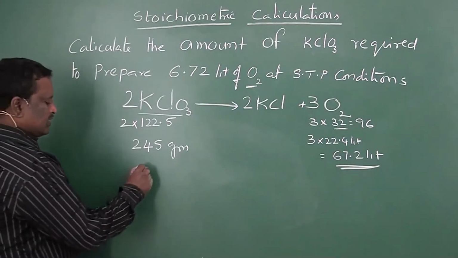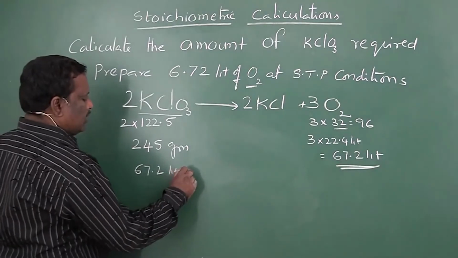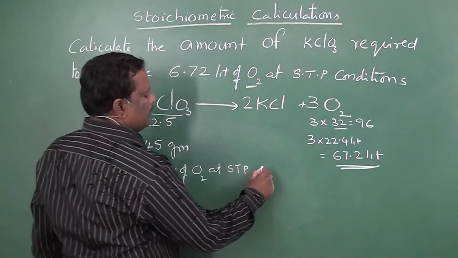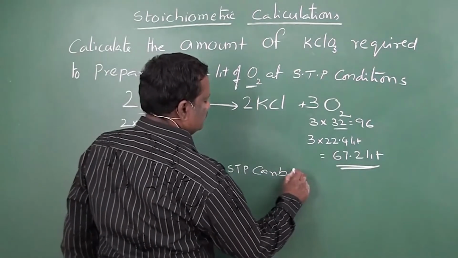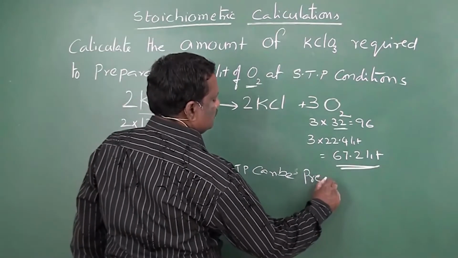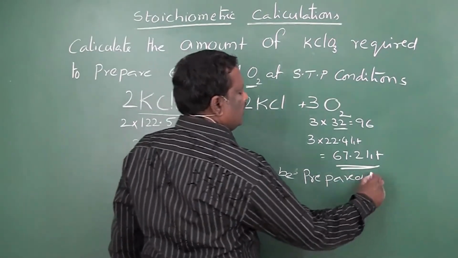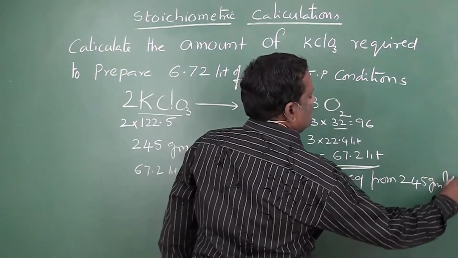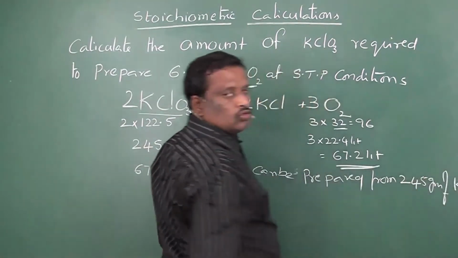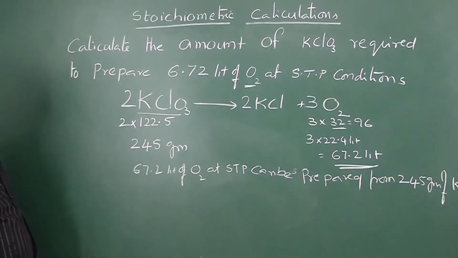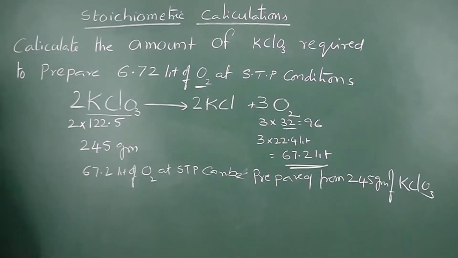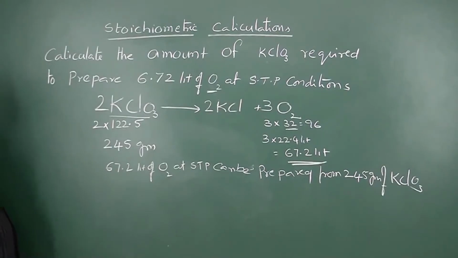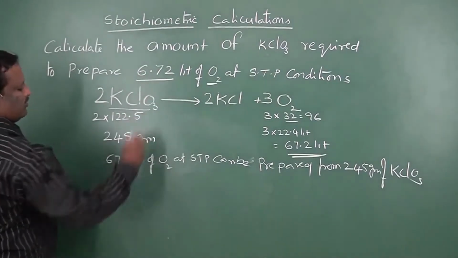That means 67.2 liters of O2 at STP can be prepared from 245 grams of KClO3. Now here you should prepare 6.72 liters.